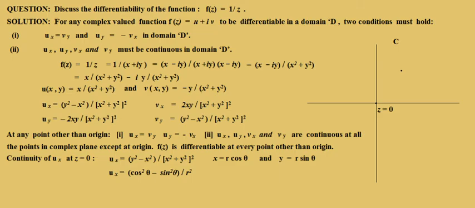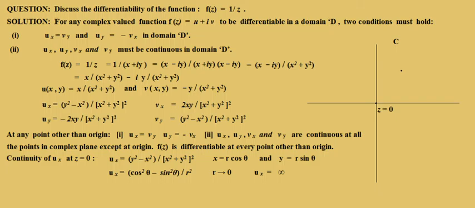So ux becomes (cos²θ - sin²θ)/r². Now if taking limit r tends to 0, ux becomes finite, then this function ux will be continuous at origin. If it becomes infinite, then it will be discontinuous at origin. So taking limit r tends to 0, we will get ux = (cos²θ - sin²θ)/0, that is infinity, because cos²θ - sin²θ is finite.